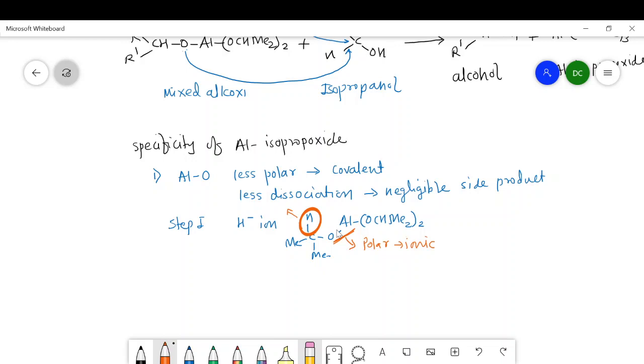And that oxide ion may attack the carbonyl compound, but this aluminum oxygen bond is less polar and somewhat covalent. That's why it undergoes less dissociation. Therefore, there is no dissociation of this aluminum oxygen bond, and that's why we can't get any oxide.